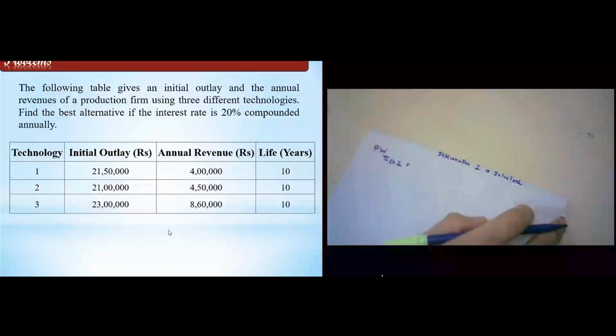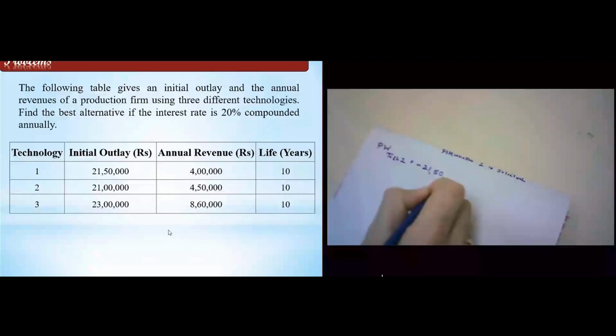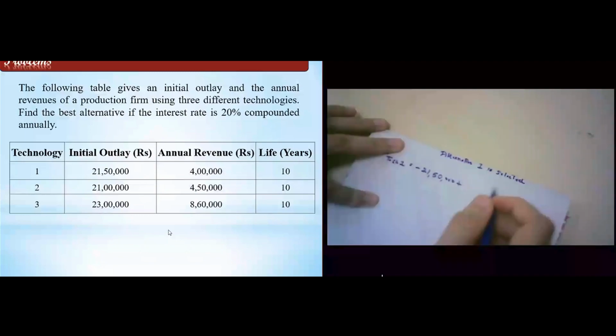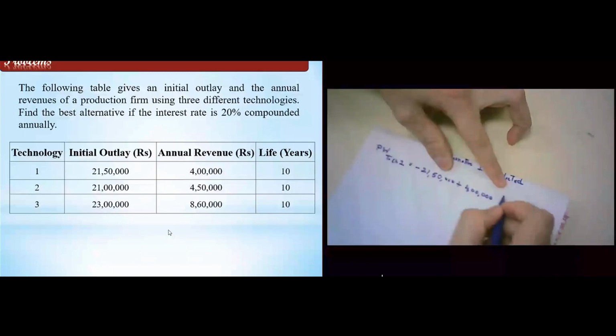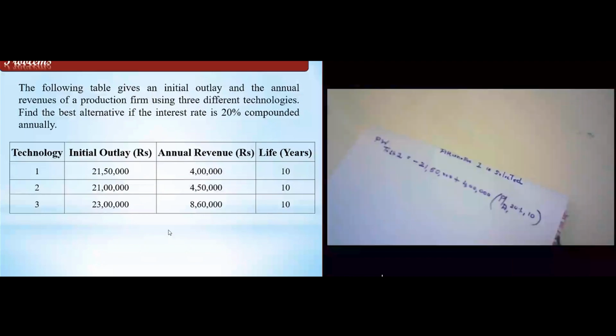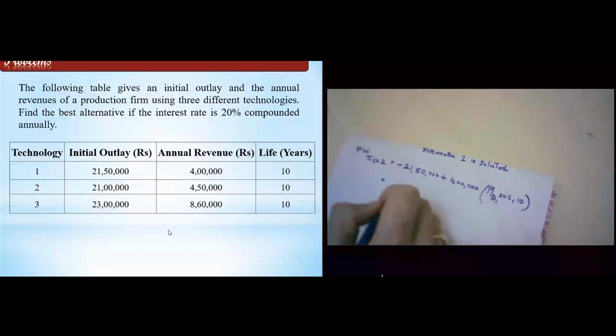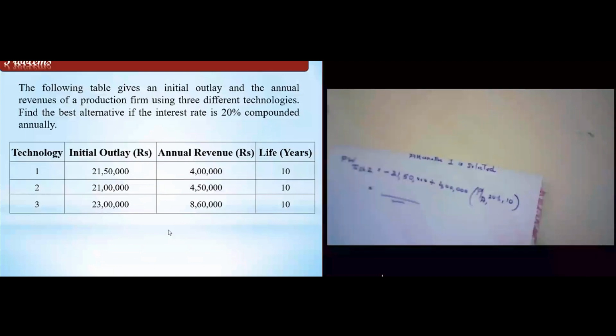It would be minus 21,50,000 plus 4 lakhs into P by A. Interest rate is 20% for a period of 10 years. This is the equation. So what is the value you get here?